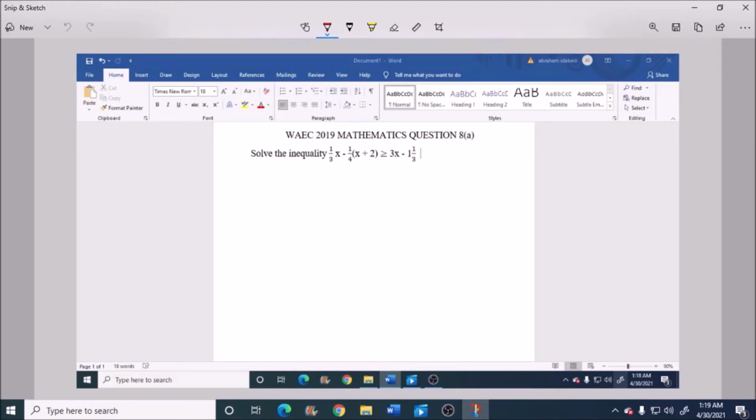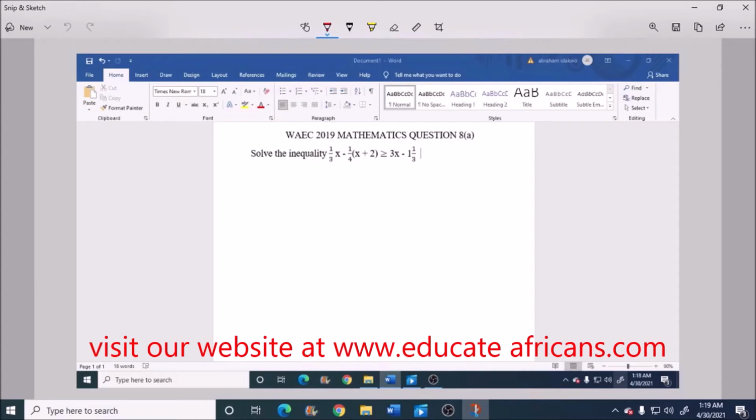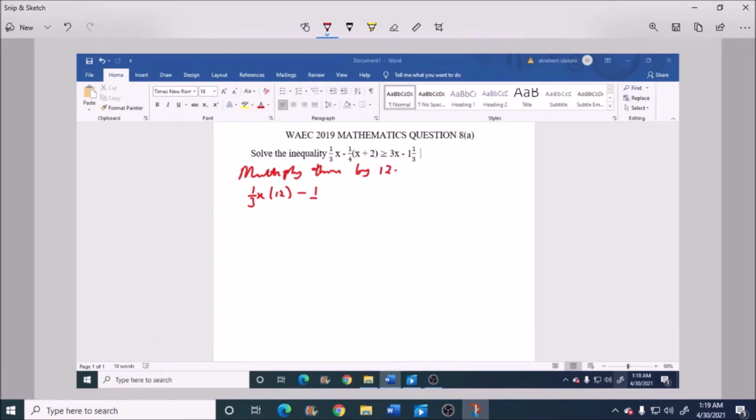If we do that, we have 1 over 3 x times 12 minus 1 over 4 times (x + 2) times 12 is greater than or equal to 3x times 12 minus 4 over 3 times 12.